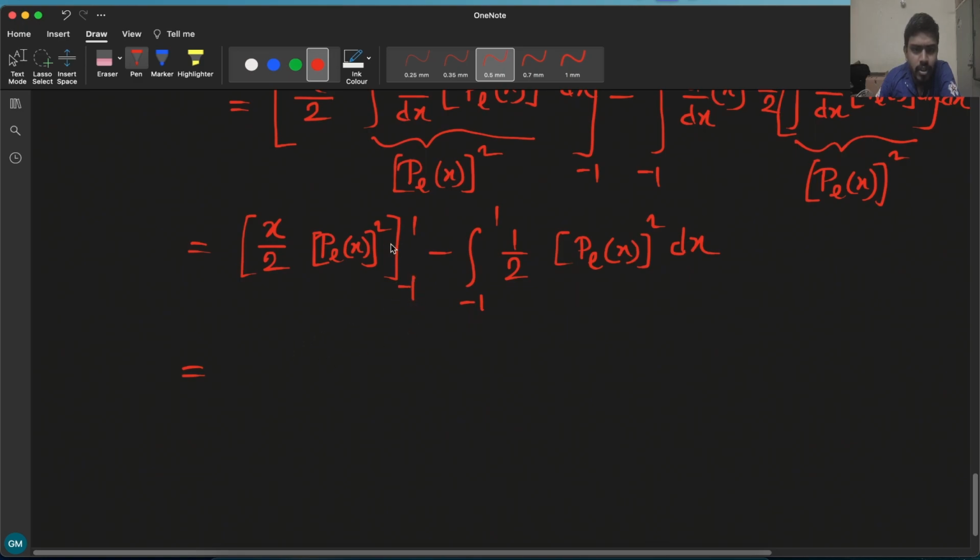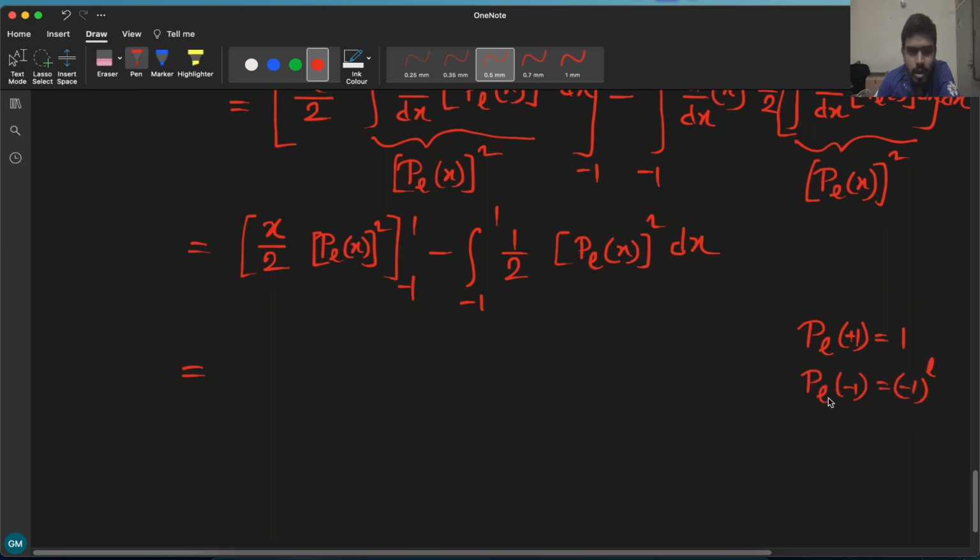If I put the limit, I showed that P_l(1) is 1 and P_l(minus 1) is minus 1 to the power l.